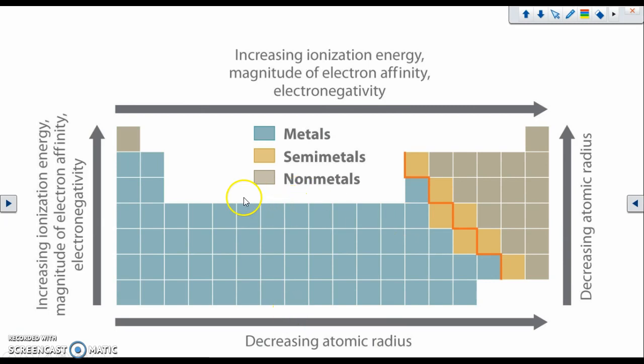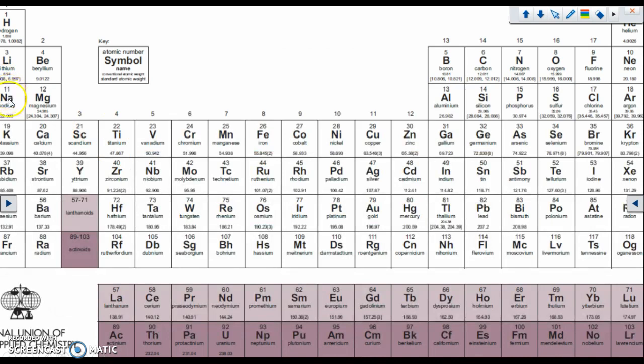Well, let's think about this now. If we go to a periodic table, if we compare sodium and argon, sodium is number 11, argon is number 18. Argon will have what we consider to be a smaller atomic radius and sodium will have a bigger atomic radius. Why?